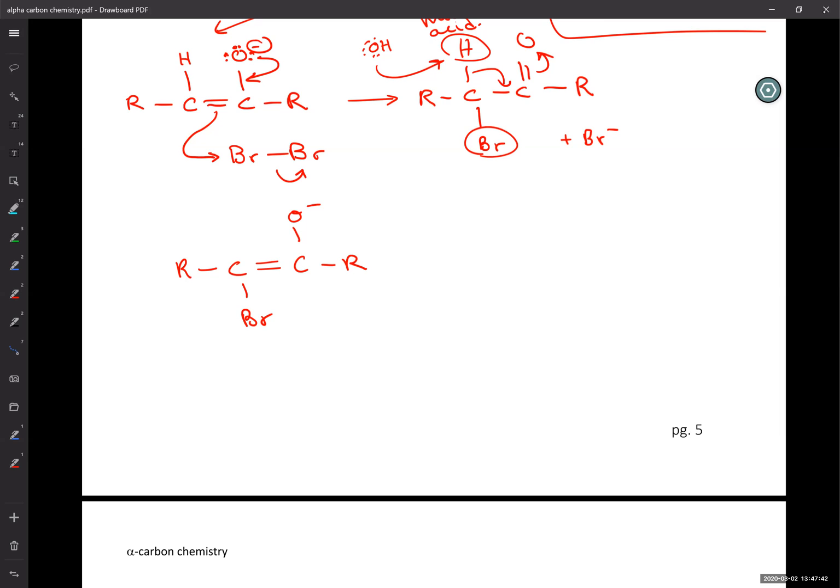Even if you try to limit it by putting 1 equivalent in, the second addition is faster than the first, and you'll end up with a lot of both hydrogens substituted with bromines.